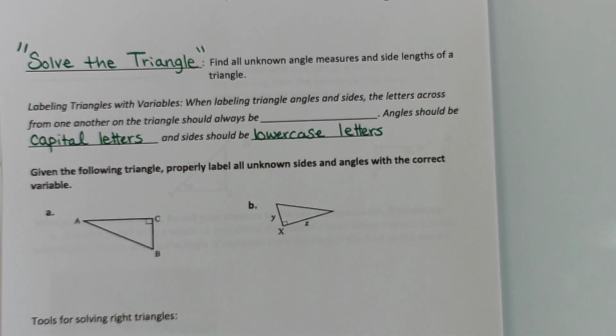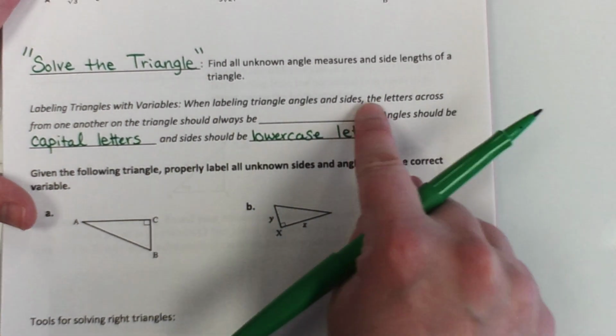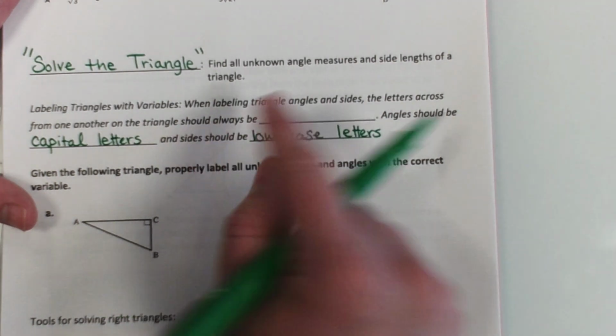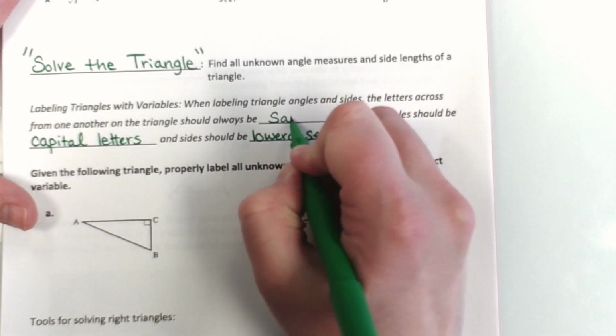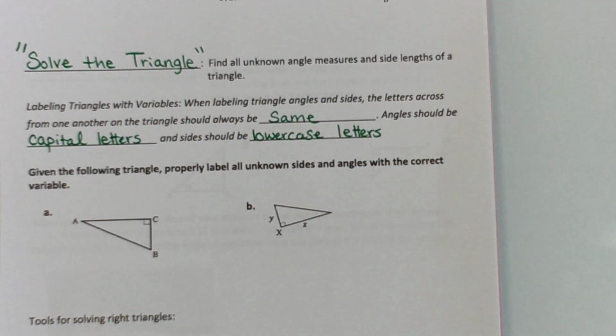And for their naming, angles and sides across from one another have the same letter. So, letters across from one another on the triangle should always be the same. Hence the reason this was side B, because across from it was angle B. This is angle A, across from it is this side, that should be side A, and it's lowercase for a side. That's angle C, this is side C.